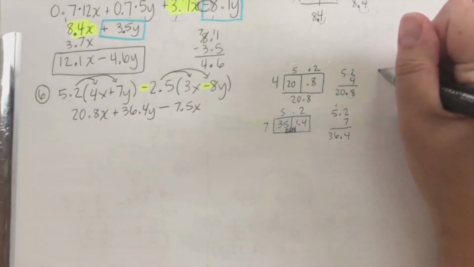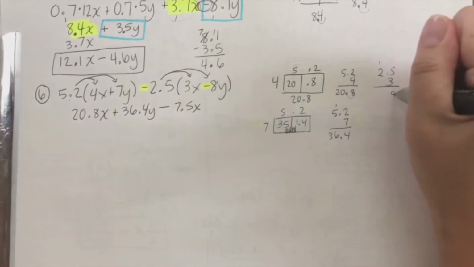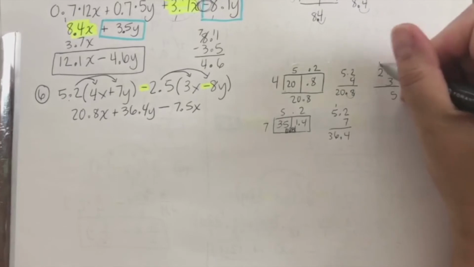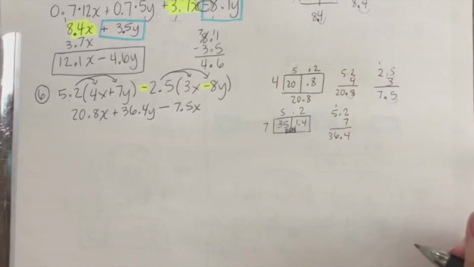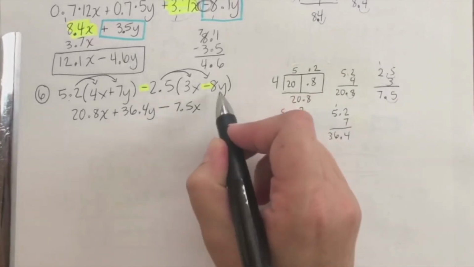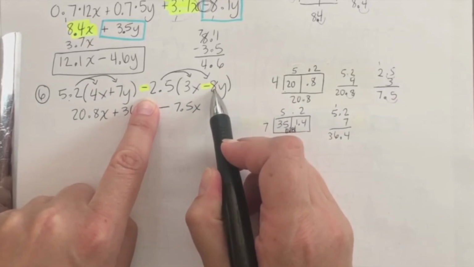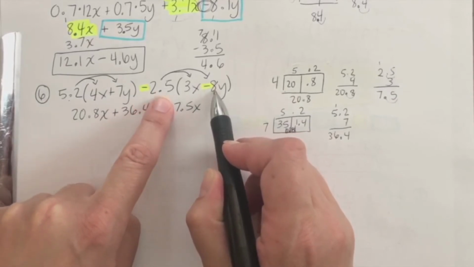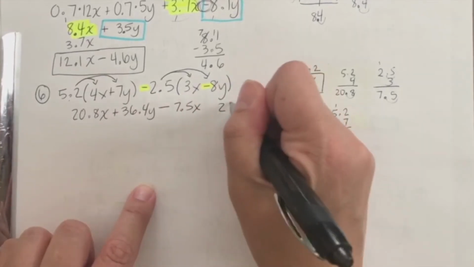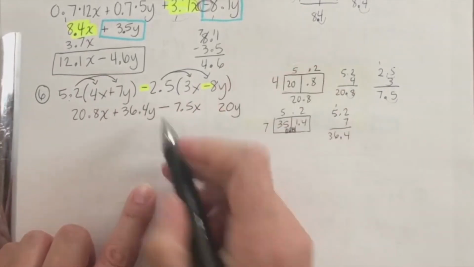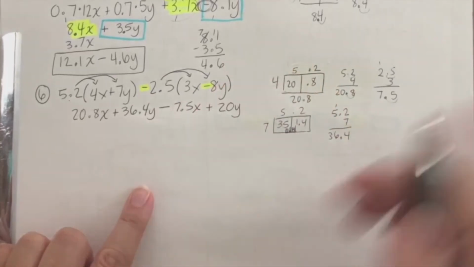Let's do it the old way. 2.5 times 3. 3 times 5 is 15. 3 times 2 is 6, plus 1 is 7. 1 decimal place, 1 decimal place. 2.5 times 8. 8 times 2 is 16. And half of 8 is 4. 16 and 4 is 20. 20y. And then a negative multiplied by a negative will be positive.